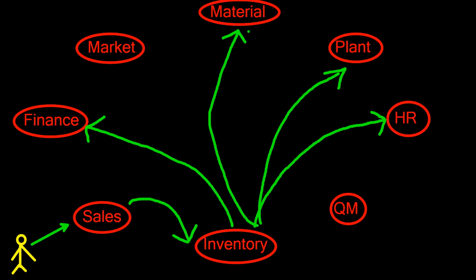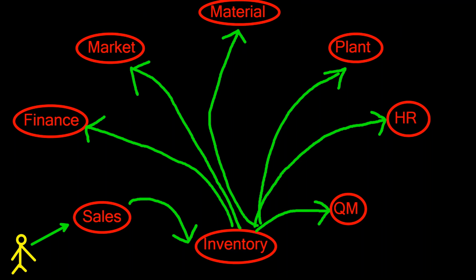After some days the product is ready, and the quality department checks the quality of the product. Once the quality check is completed, they inform the inventory department, and the inventory department informs the marketing department to market the product.